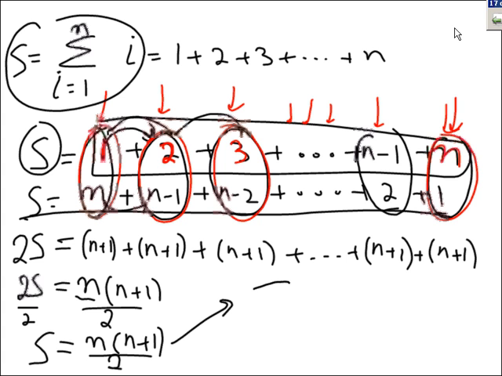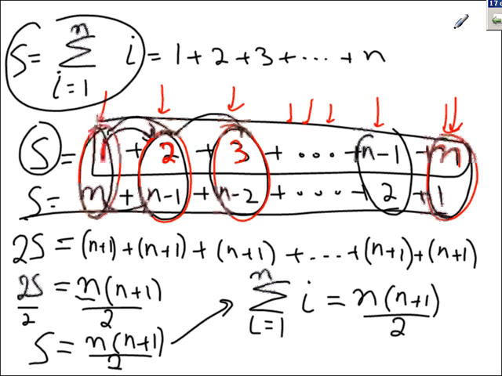That is, the summation of i, as i goes from 1 to n, is n times n plus 1 over 2. As long as it's starting with 1, I like to read this as, it's this number times 1 more over 2. Let us work with this.